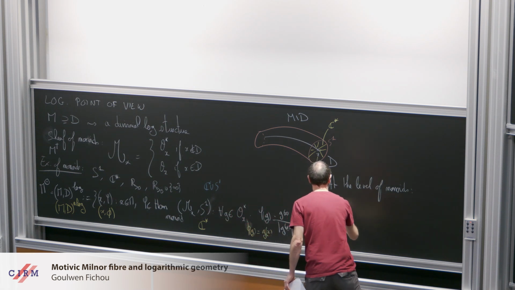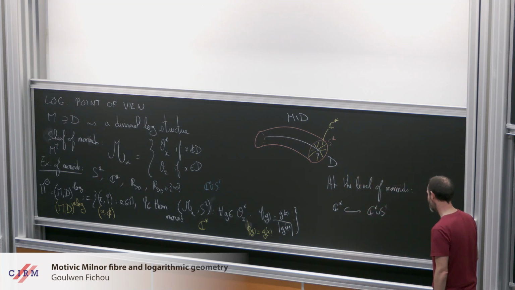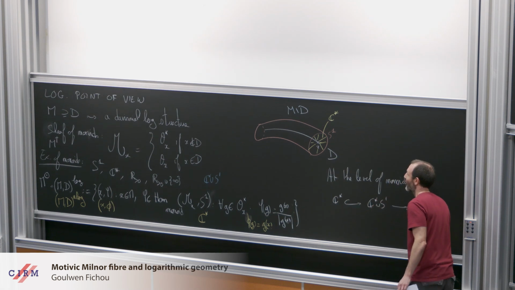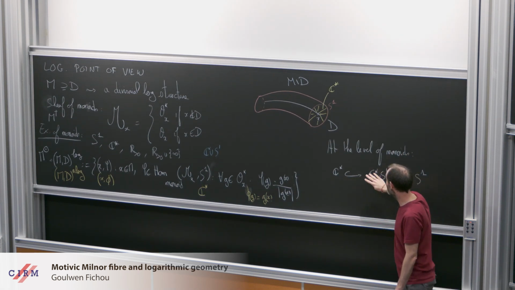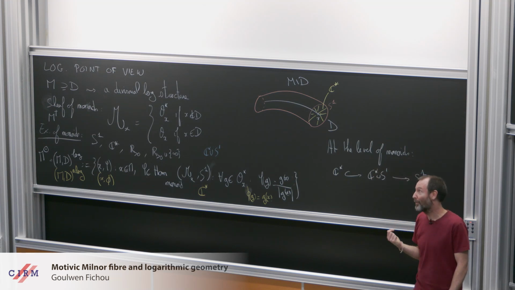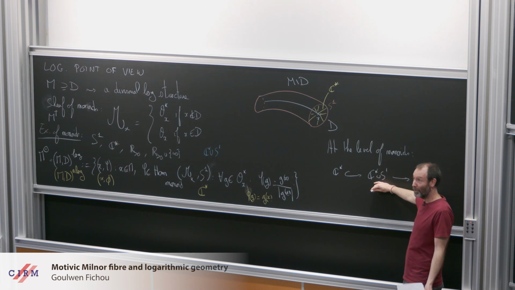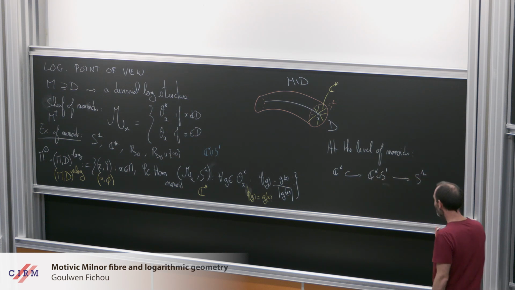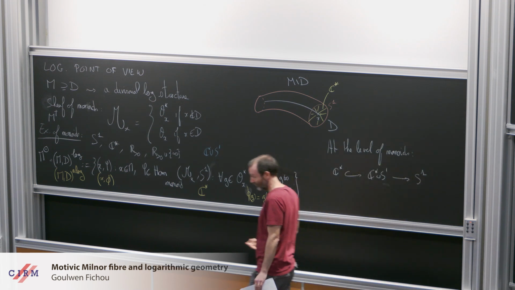So C star, of course, you can insert it in C star union S1, and this you can project to S1. Actually, the way we see this object, that's a monoid, but we can see them geometrically. This can be seen as the real-oriented blowing up of a point in C. Or in another way, let me draw this like that.